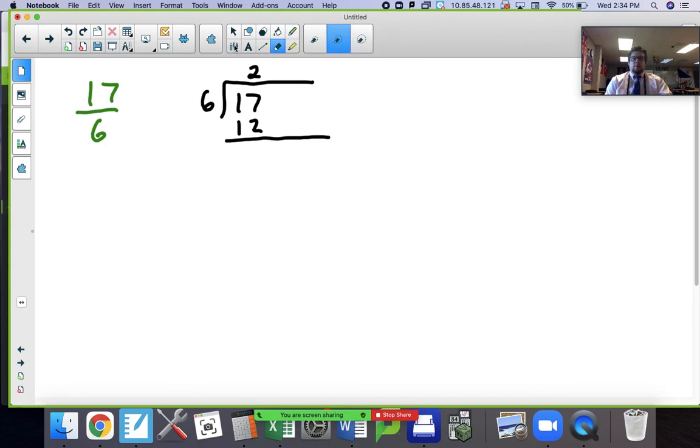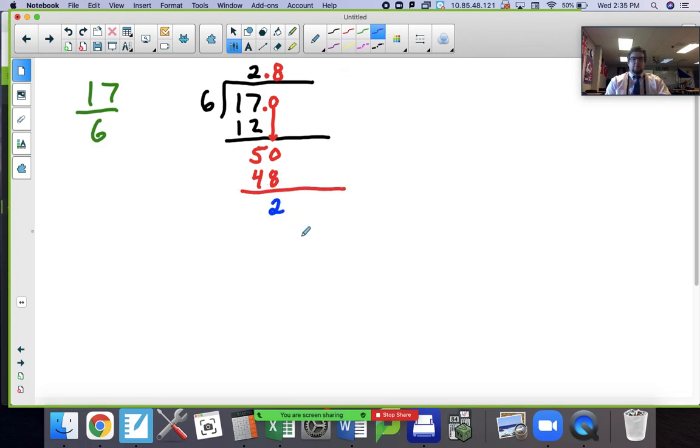All right, from here, I've added my decimal point, so I'm going to add my decimal point above. That 0 is brought down. 6 gets to go into 50 8 times. 8 times 6 is 48. Left over 2. Bring down the 0. 6 goes into 20 3 times for 18.